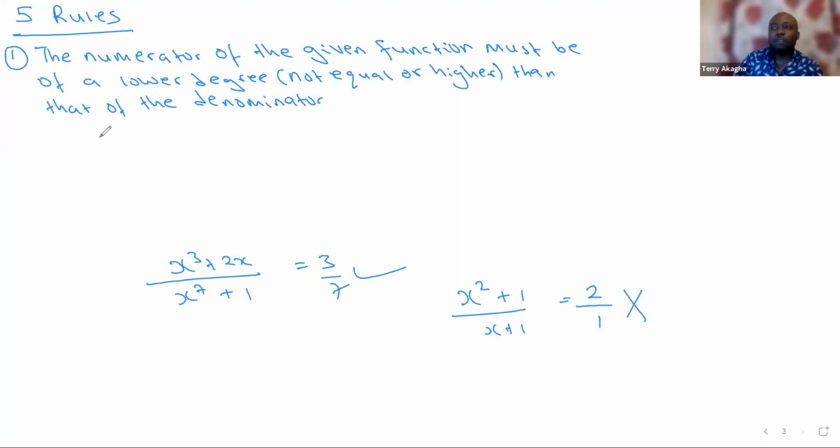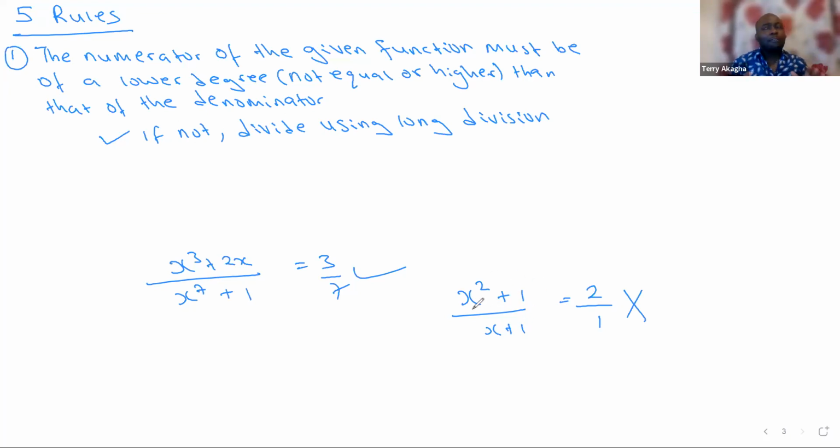So in this case, the first thing you have to do is to first divide. You have to divide using long division. So when you have something like this, you then have to divide using long division.